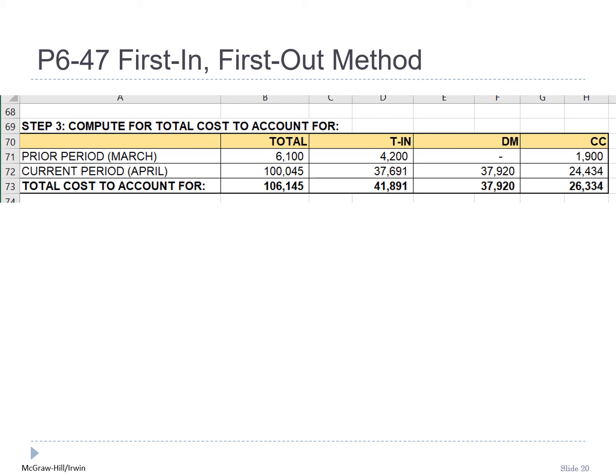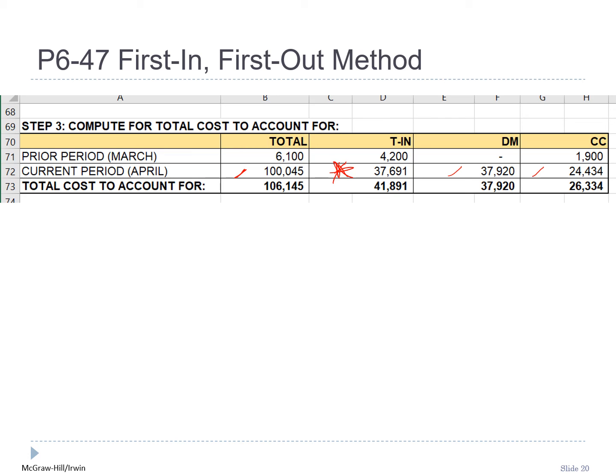So, current period cost, itong cost uling to, nanggaling dun sa step 1. Sa Department A pala. So, ito yung transferred out cost dun sa Department A. Siyempre, makikarry forward sa Department B. So, ito naman yung additional cost for Department B, 37 tsaka 24,434. So, ang total current period cost natin is 100,045.